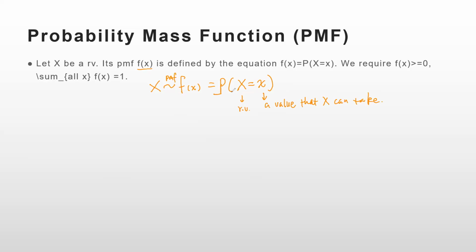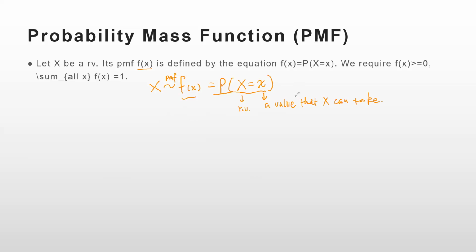Because these are probabilities. Oh, by the way, this is an event. Okay, this is an event. So it's a probability. So little f of x would have to be non-negative, possibly zero, right? But it cannot be greater than one. So it's greater than or equal to zero, and at most one. When we talk about a probability mass function, normally we just specify the x values where the probability is not zero.